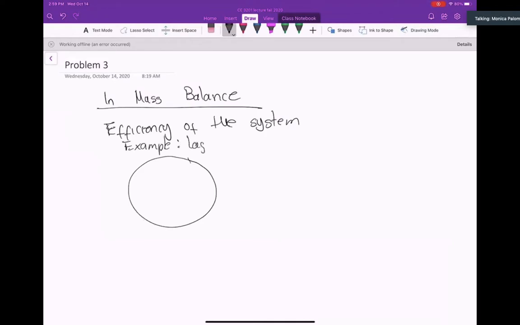The lagoon. And this is the system or the process that we were studying. This is the system, okay? Whatever you're studying or you're conducting mass balance around, that is your system.